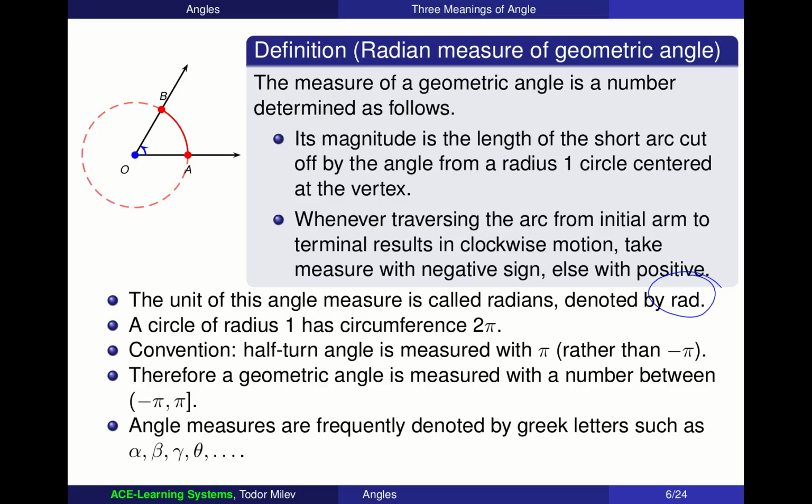So here I'm not violating any standard convention that angles are unitless, because I'm not talking about an angle of rotation, but rather about the radian measure of a geometric angle. So I'm free here to declare that measures of geometric angles do have a measurement unit, which I've called here radians. All right.